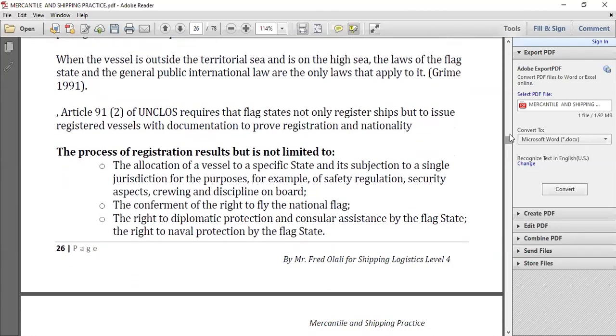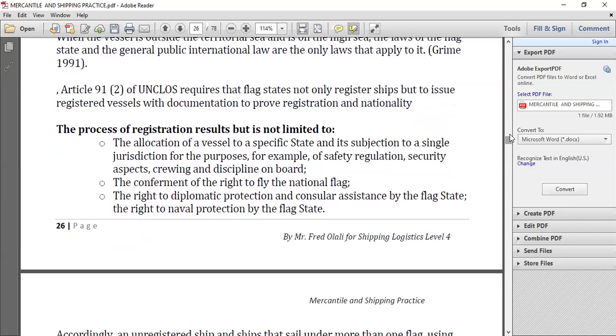So the process of registration results in, but is not limited to, the allocation of a vessel to a specific state and its subjection to a single jurisdiction for purposes such as safety regulation, security aspects, crewing and discipline on board. Also, we have the conferment of the right to fly the national flag. You are conferred by law. You must fly our flag.